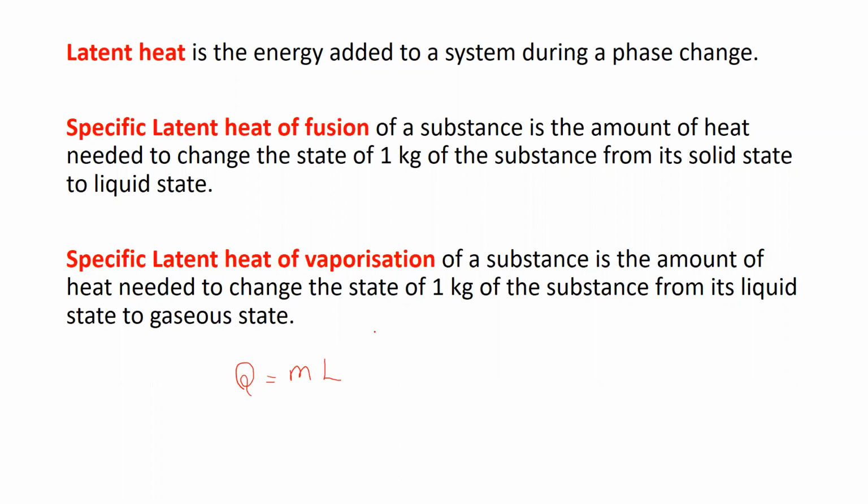So if you want to convert a solid to a liquid, here you put the mass in kilograms, Q is in joules, and then you put the specific latent heat of fusion here. If you convert liquid to a gas, then you use the same formula, just here for L you put the specific latent heat of vaporization. Right now let's go through some questions together.